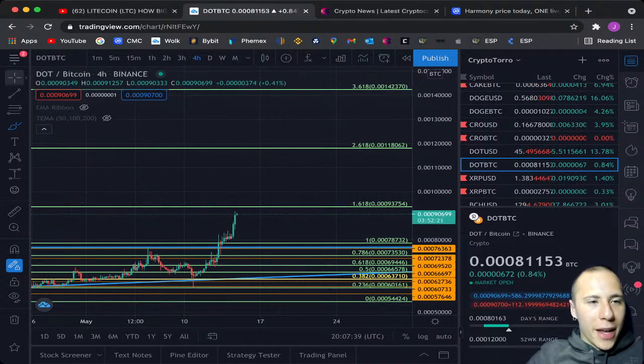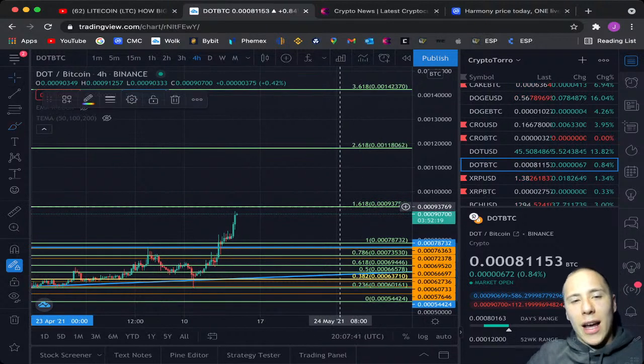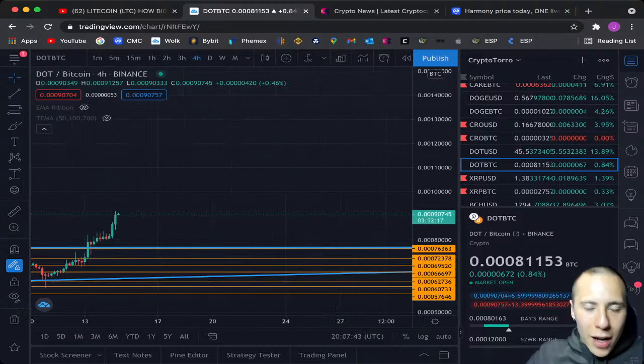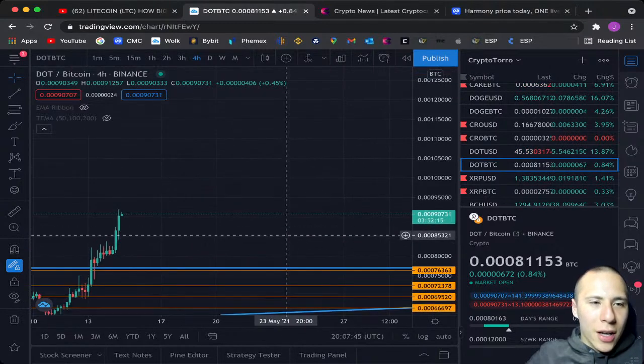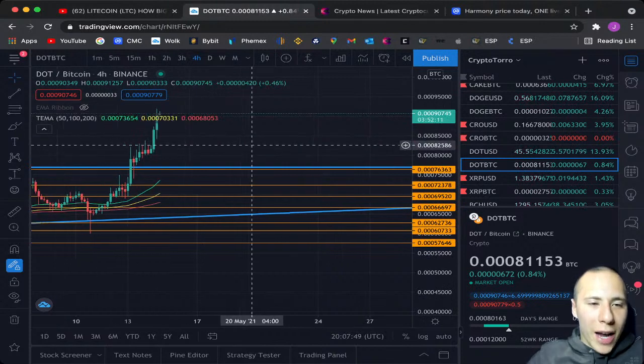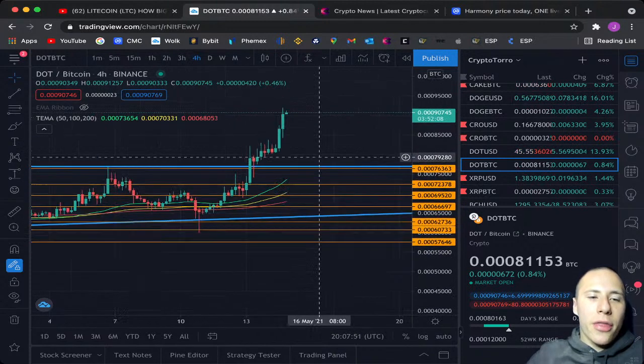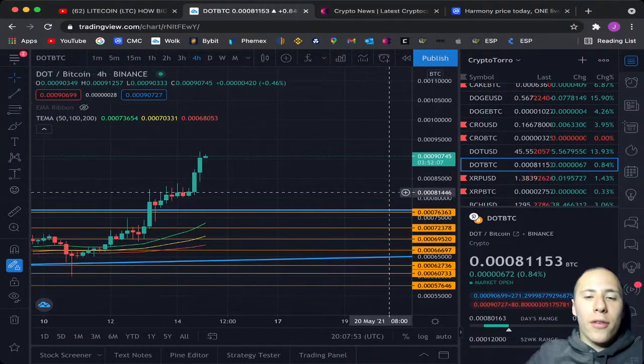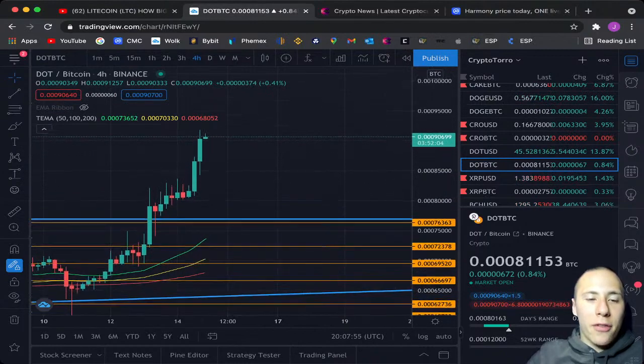So that's what I'm thinking right now about Polkadot, and I will be looking here on the Polkadot compared to Bitcoin chart at the 50, 100 and 200 day moving averages. And as I already thought, we are far above those moving averages.